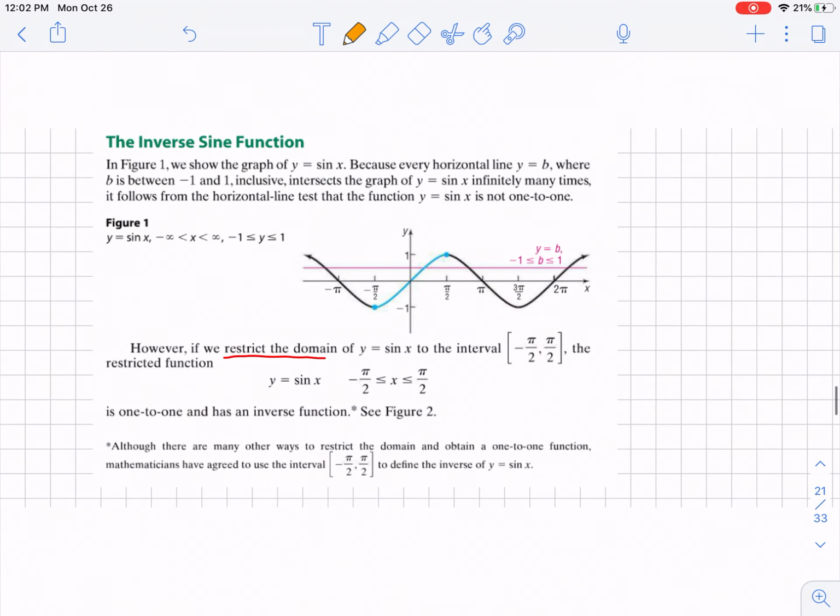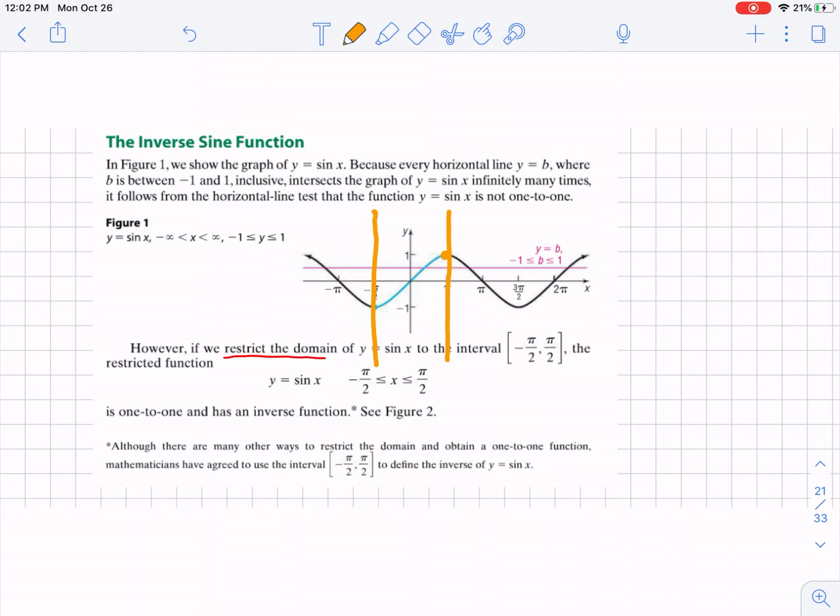In order to just get one answer, you need to restrict your domain, okay? And you're going to restrict your domain from -pi over 2 to +pi over 2. Therefore, when I ask you the question, what is the sine inverse of 1, you have one and only one answer, and that answer is pi over 2, okay?